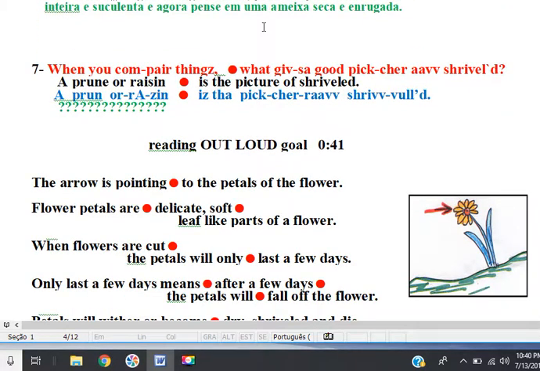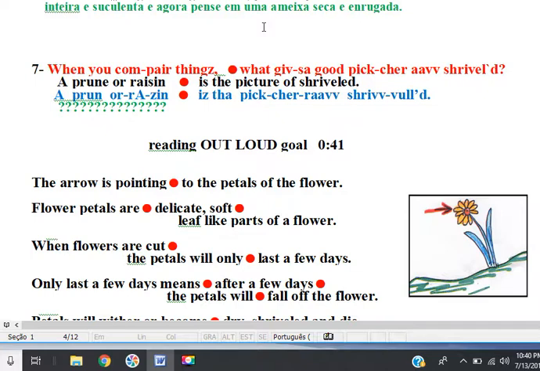Line 7. A prune or raisin is the picture of shriveled.